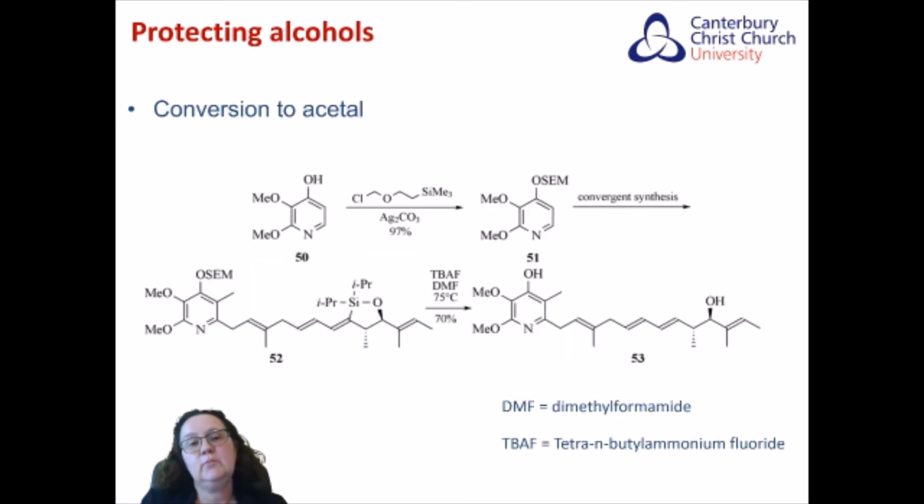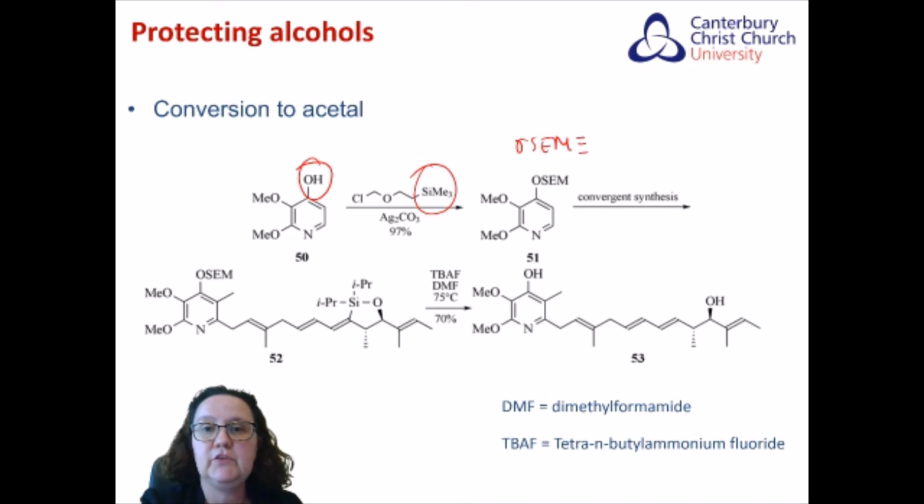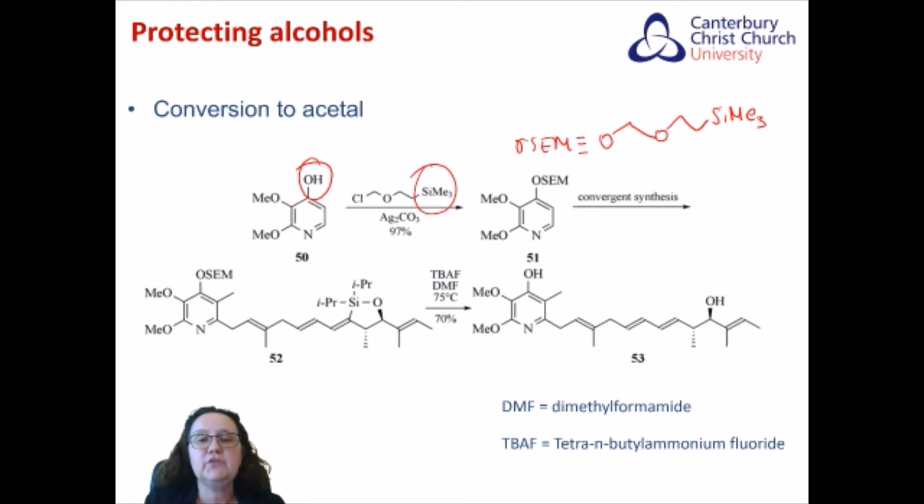This is an example of protecting a hydroxyl group by converting it into an acetal. And in this case, the hydroxyl group is protected by a silicon compound rather than a carbon one. So you form this acetal here. This OSiMe3 would be the same as writing oxygen, the other oxygen, and the SiMe3 fragment.